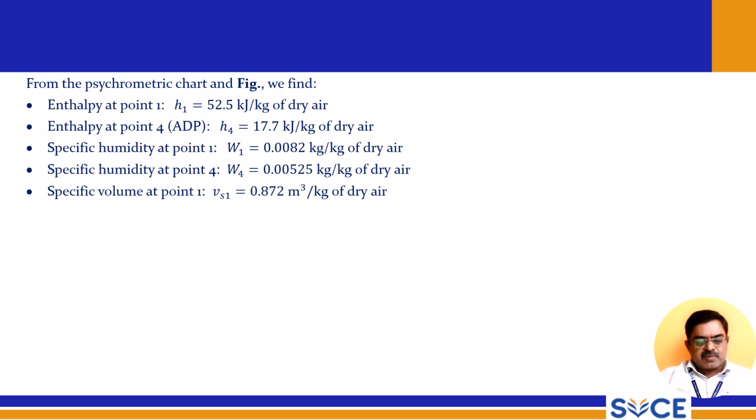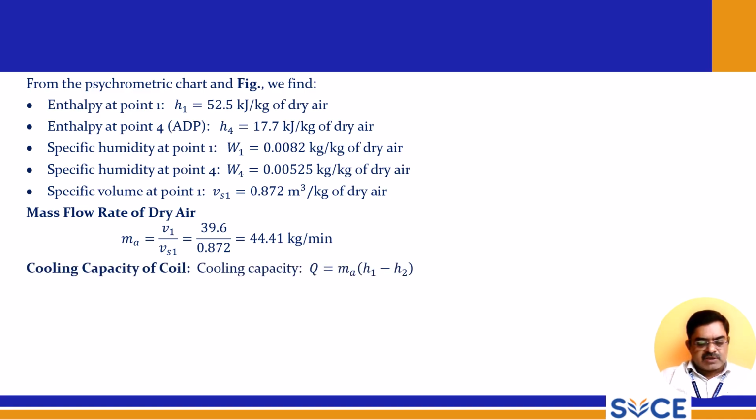Specific volume at point 1 Vs1 equal to 0.872 meter cube per kg of dry air. So mass flow rate of dry air equal to MA equals V1 by Vs1, so that is equal to 39.6 divided by 0.872 equal to 44.41 kg per minute.